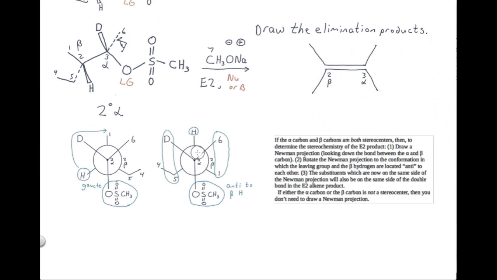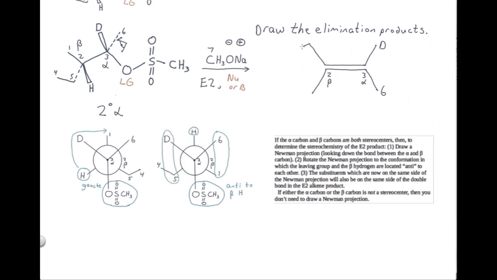Well, carbon 3 should be attached to a deuterium and to carbon 6, because those are both attached to the dot. Then carbon 2 should be attached to carbon 5 and carbon 1. Those are attached to the circle. Now notice that in this picture, carbon 5 is on the same side of the Newman projection as the deuterium.